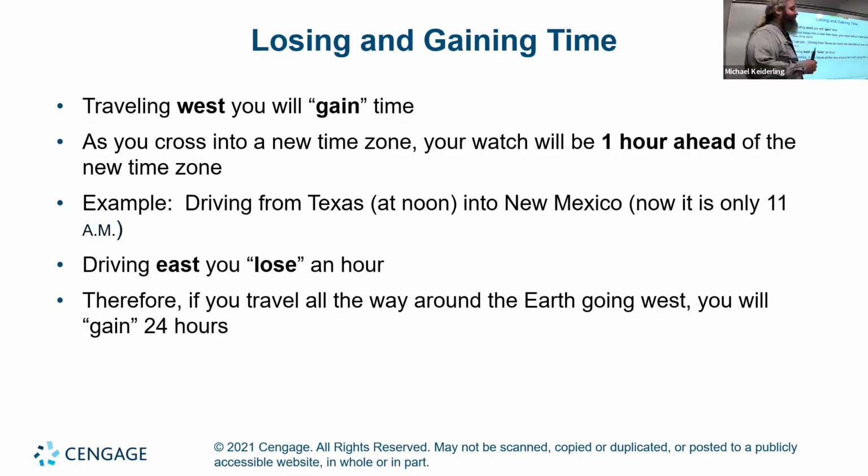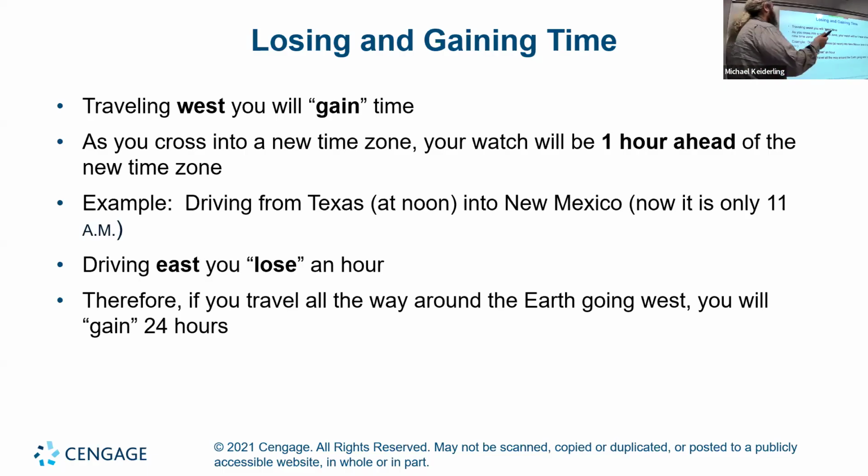Driving east, you lose an hour. So if you drive east from here into the rest of Indiana, you will lose an hour, and it'll be an hour later. So right now it is 8:42. In the rest of Indiana, it is 9:42.